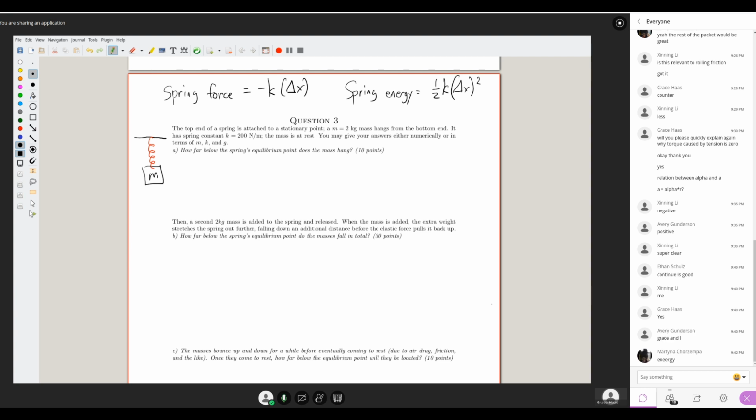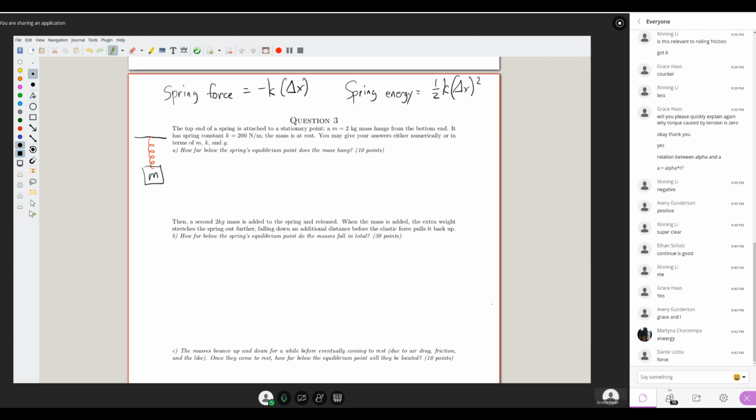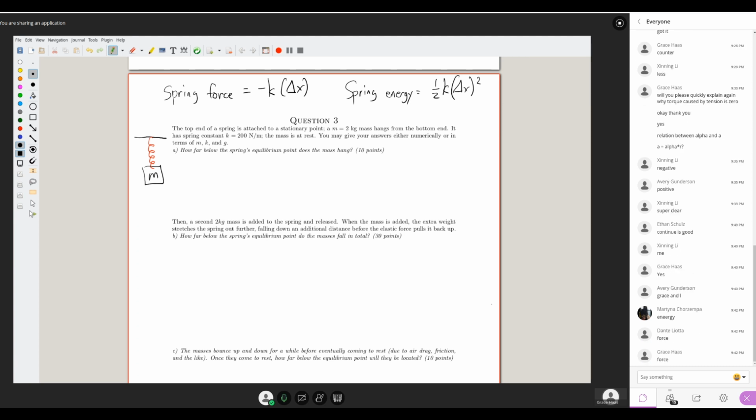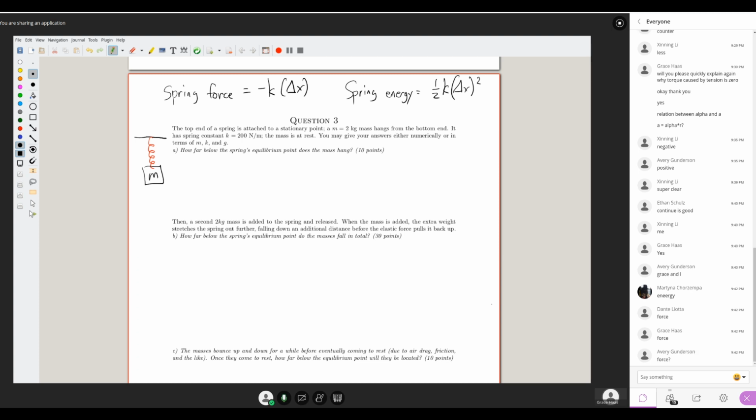Okay, Martinez says energy. Any other votes? Okay. 3 votes for force. So could somebody either turn on their mic and tell me or type out why you want to use force? It turns out it is force, but tell me why.